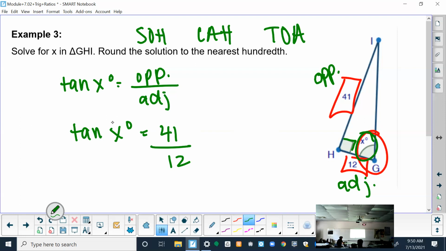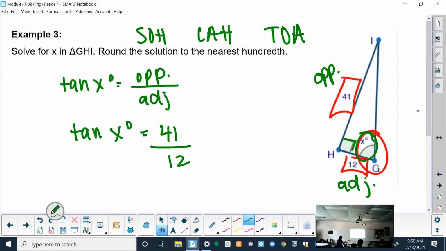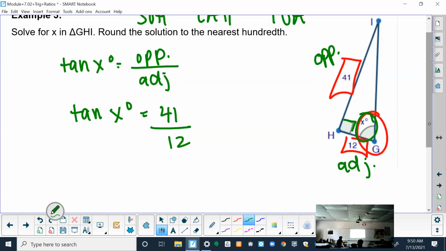All right, since we're finding an angle measure, what does that mean? What function am I going to use? Just the regular tangent function or the tan to the negative one? And to the negative. Good.